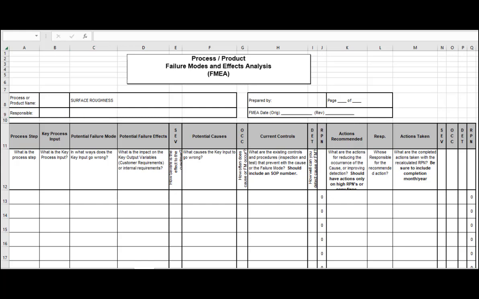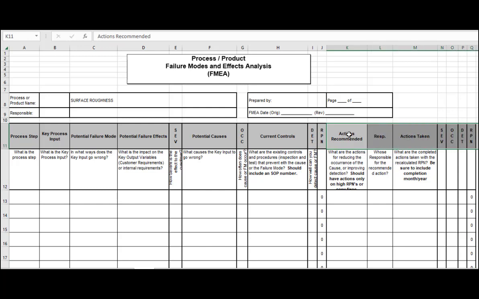Basically, to begin the FMEA, normally we will fill in the process, key input, potential failure modes, effects, potential causes, current controls, until the RPN. Then the recommended action, responsibility, action taken, and so on.